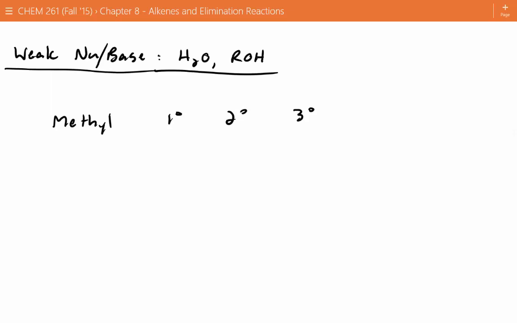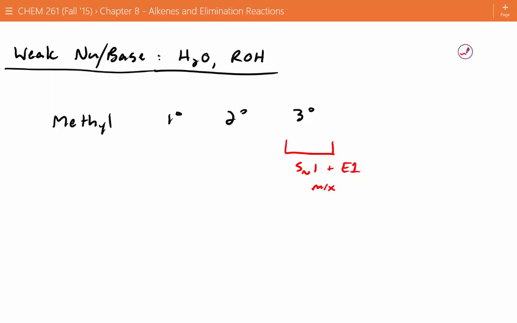Oh yeah, this is tricky. Remember how I said with E1 reactions, you oftentimes see SN1, and with SN1, you oftentimes see E1? They're closely related reactions. So in this case, we typically see these occurring with tertiary carbons, because tertiary carbons are the ones that give you the most stable carbocation.